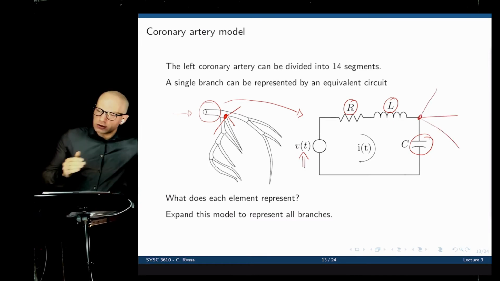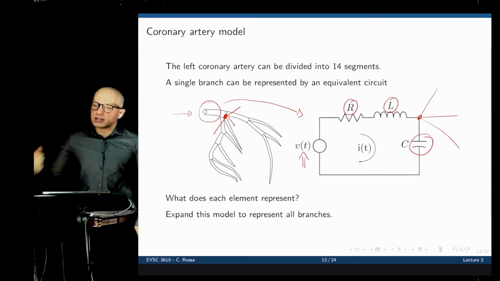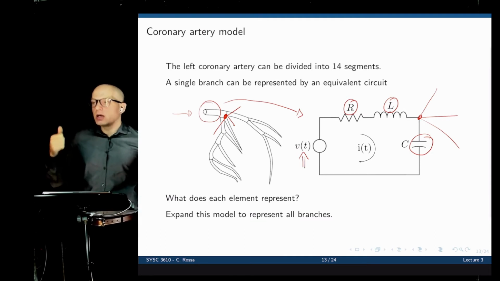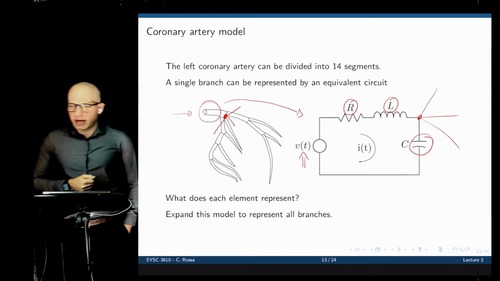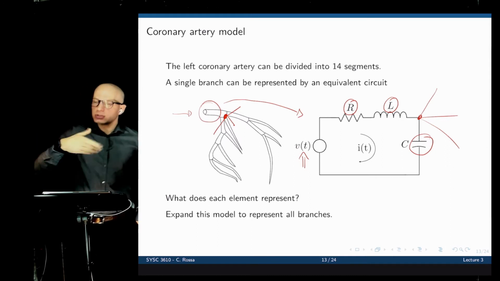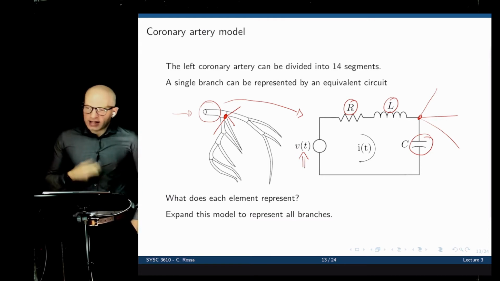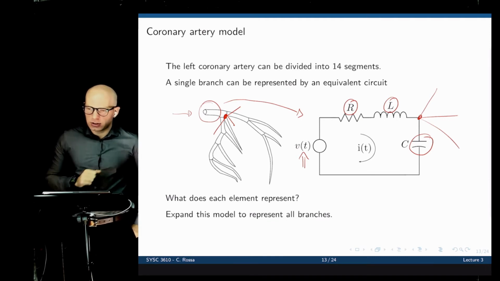And along each of these three branches, we have again the R, L, and C to represent the respective resistance, inertia, and hydraulic capacitance in that specific branch, and so on until we get to the end of this network. And at the end of this network, we have other veins and other things going into the body. We can model them as simply an impedance attached to the end.